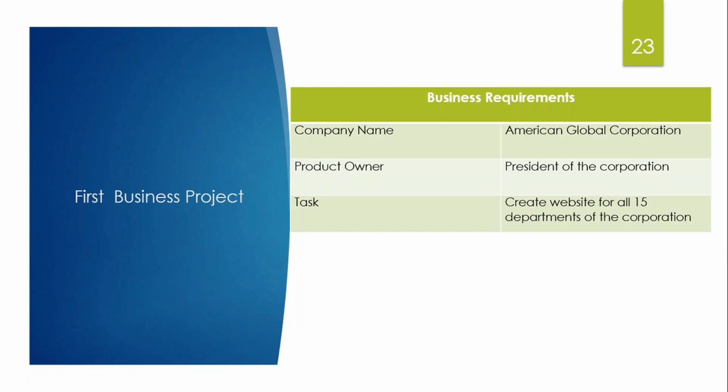Our first project or task order comes directly from the President of American Global Corporation. The President of the corporation decided that they want to have a website for each department. Let's review the business requirement. Company name, American Global Corporation. Product owner, President of the corporation.